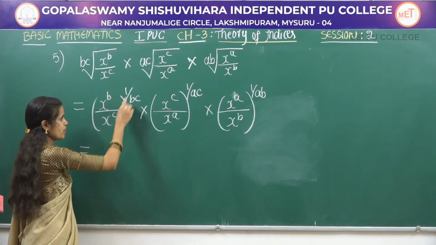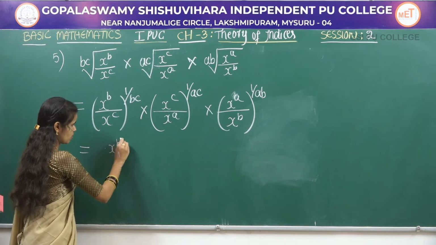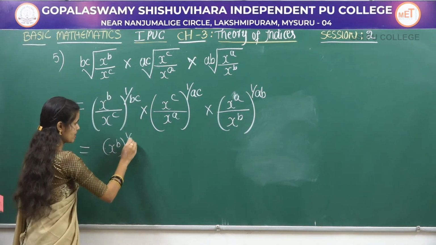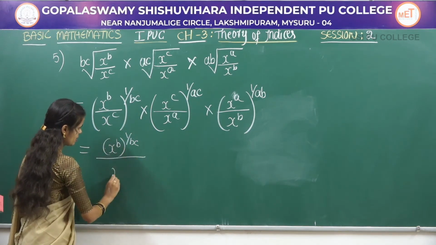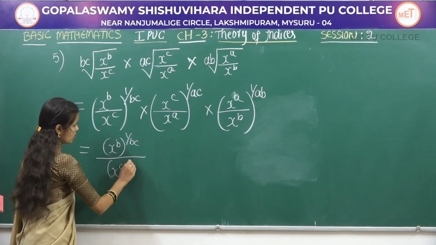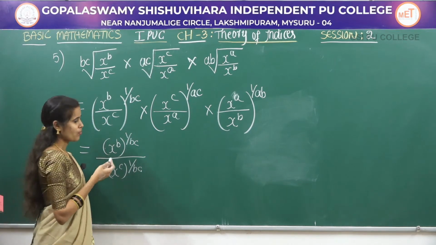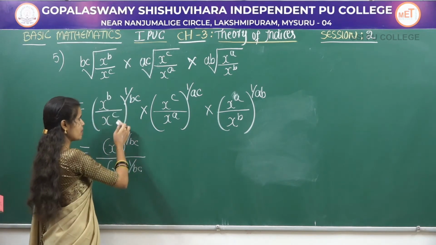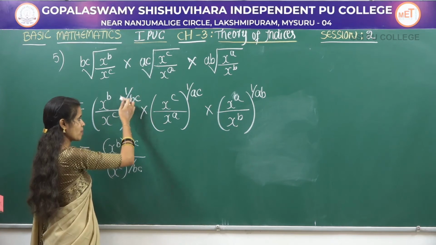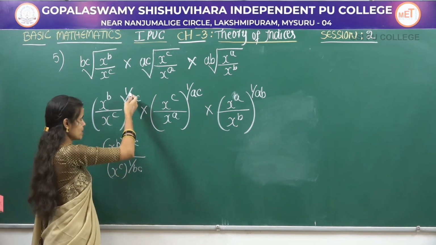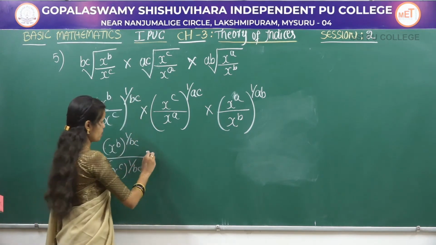So x to the power of b, to the power of 1 by bc, divided by x to the power of c, to the power of 1 by bc. Using the fifth law of exponents, (a by b) to the power of m can be written as a to the power of m divided by b to the power of m, so split power to each term.